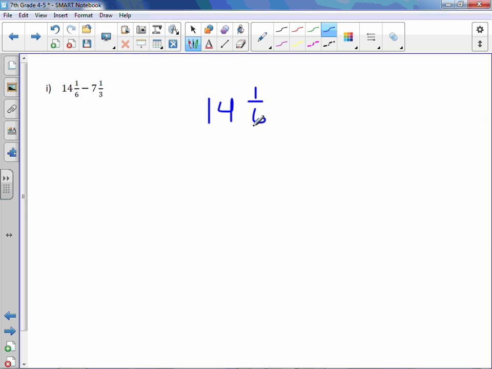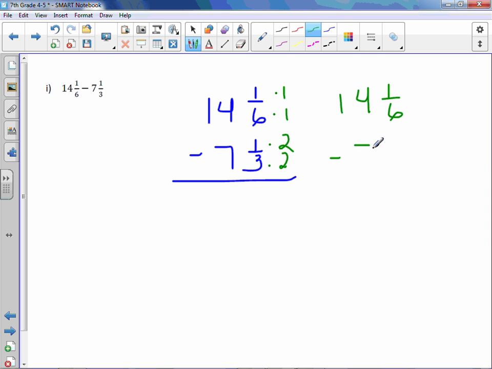14 and 1/6 minus 7 and 1/3. Our common denominator is 6, so I need to multiply the second fraction by 2 and the first fraction by 1. And I would get 14 and 1/6 minus 7 and 2/6. I'm going to borrow again with this one. 14 becomes a 13, and I add the denominator, which is 6/6, to the top.